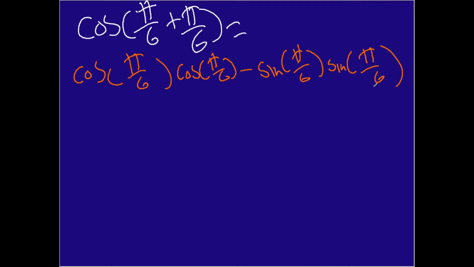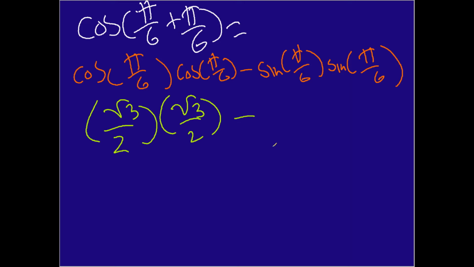That's what we get. Now, here's the thing. The cosine value for pi over 6 is square root of 3 over 2. And so we're going to multiply that by square root of 3 over 2. Now the sine value is 1/2.